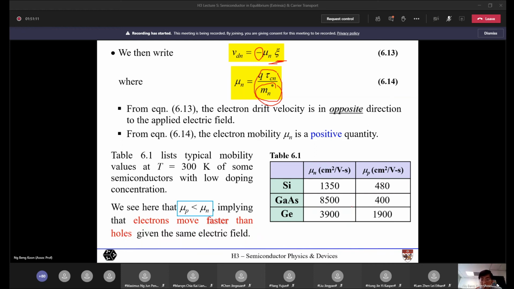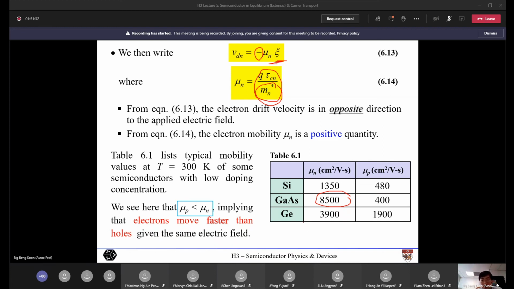So in gallium arsenide, the electron mobility is a lot higher. So if you need an electronics application that requires the carrier to move very fast, for high-speed applications, then you would choose gallium arsenide because the electron can move faster.